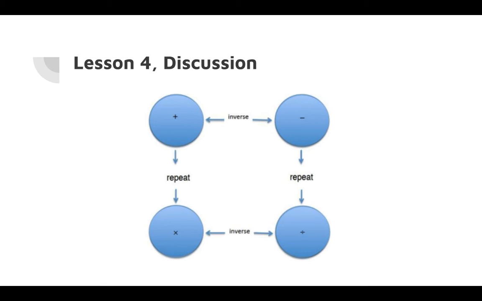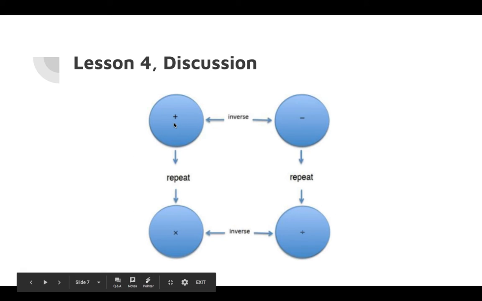Here is a little graphic organizer that I have made a copy of for you, and you can get a copy to keep with you for your reference. It's a simple organizer that talks about the last 4 lessons: addition and subtraction, multiplication and division, multiplication and addition, and multiplication and subtraction.